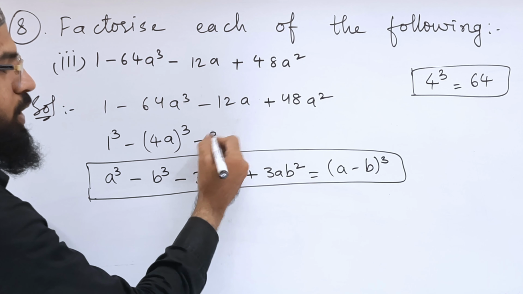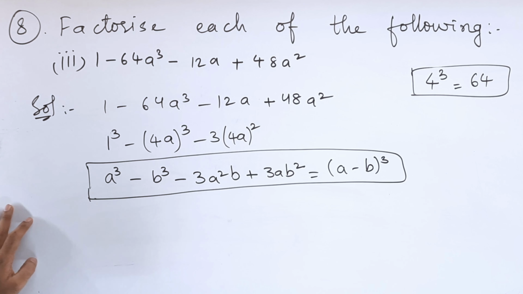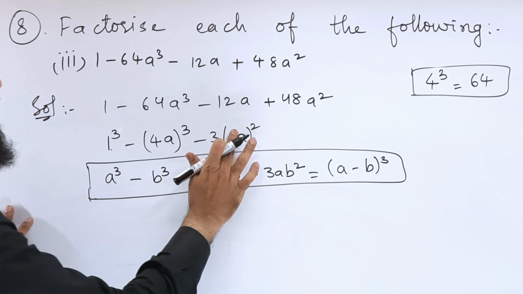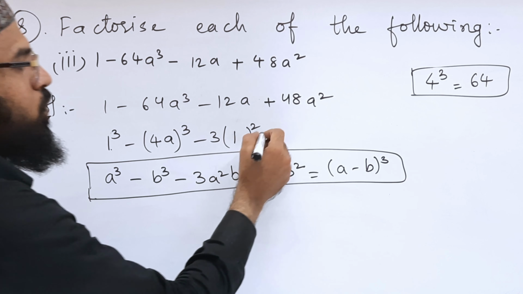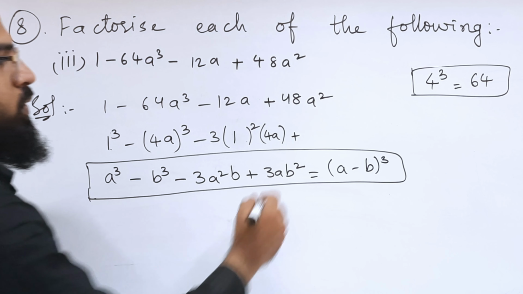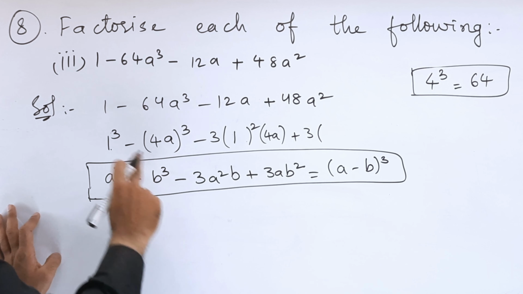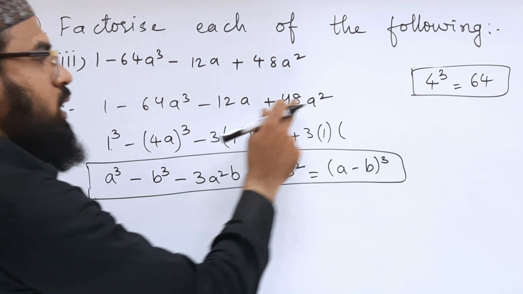So here it is 3, a is 1 and b is 4a, so 4a square, plus 3, a is 1 and b is 4a square.